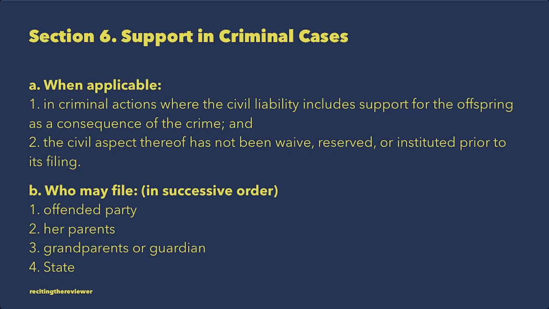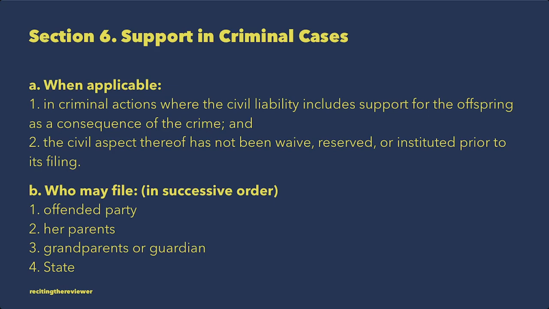Letter B, who may file? Who may file support pendente lite? This should be in successive order. Number one, in the topmost, the offended party. Of course, if the offended party does not file for support pendente lite, it could be the parents, especially if the offended party is a minor.